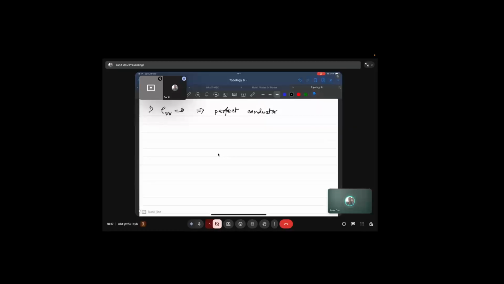But then if you extract the sigma xx, the corresponding conductivity, we have a relation like this, sigma xx equals rho xx by rho xx square plus rho xy square, and then sigma xy equals minus rho xy by rho xx square plus rho xy square, right?